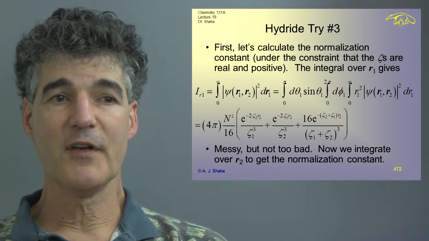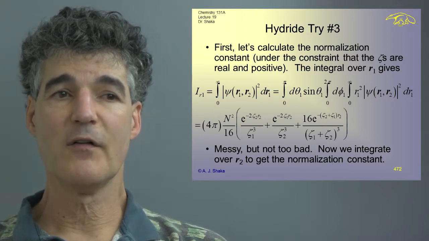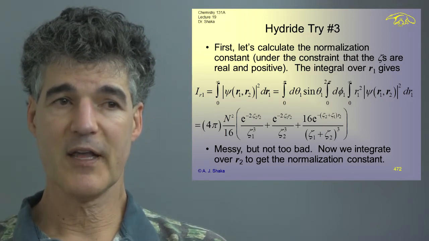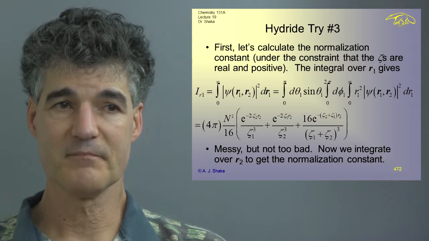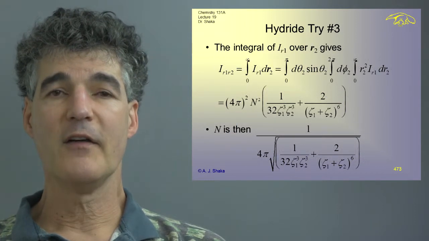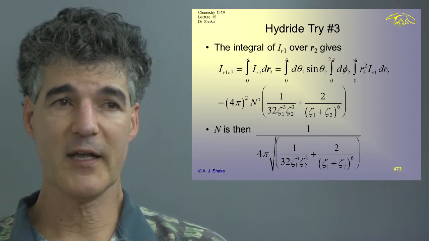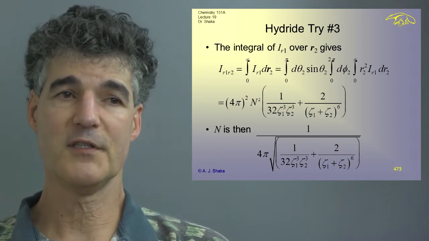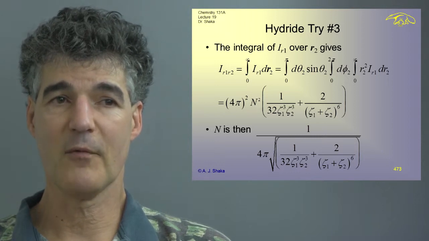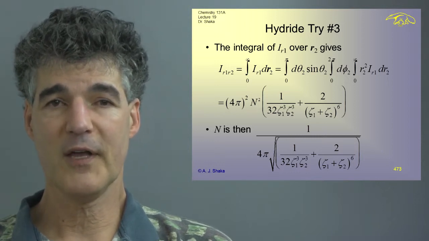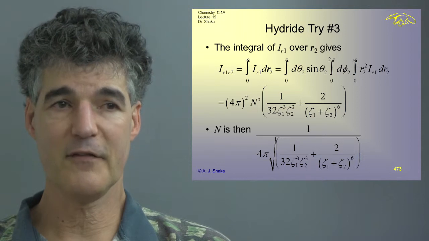But now we have to integrate this thing over R2 in order to get the normalization constant. I've shown that here on slide 473. We're integrating I of R1, which is the integral with respect to R1, over R2. We have to put in the R squared, the theta, the phi, and so on.